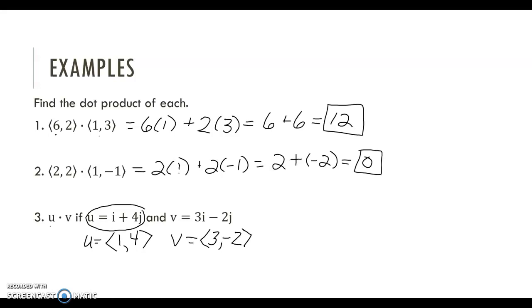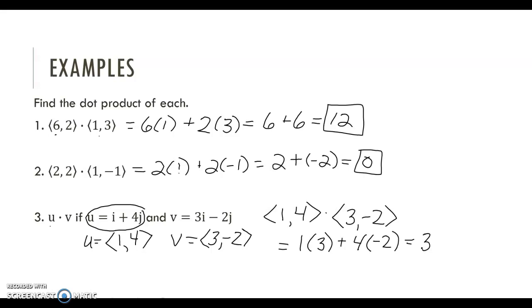So now we're taking the dot product of <1, 4> dot <3, negative 2>, and that gives me 1 times 3 plus 4 times negative 2, which is 3 plus negative 8, which gives me an answer of negative 5. Okay, so just be aware of those different ways they can represent the vectors.